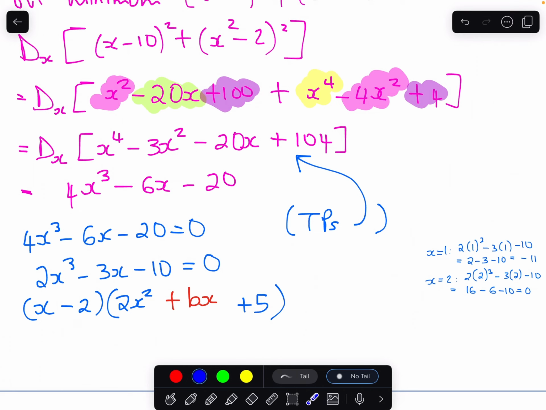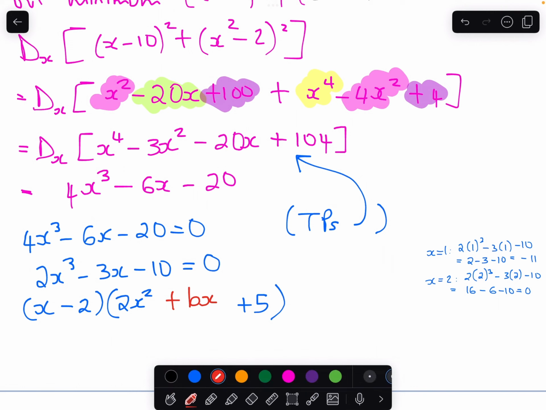And when I times, what am I still missing? Right, so this one gives me this. This one gives me a bit of the x squared term. And then this one gives me a bit of the x term. This one gives me a bit of the missing x squared term. This one gives me part of the x term, and then this one gives me the constant.